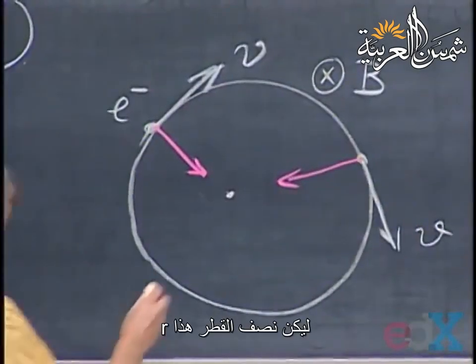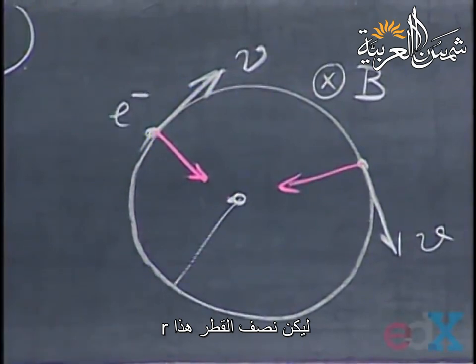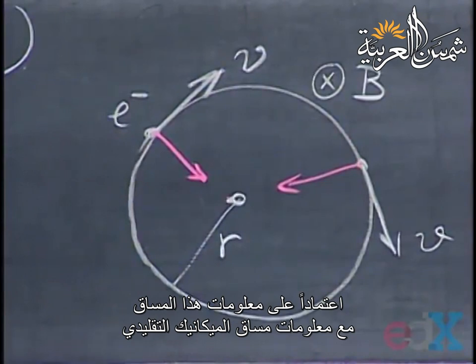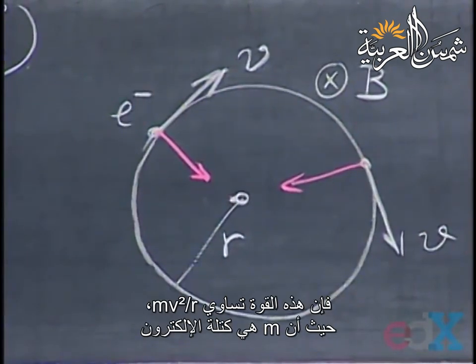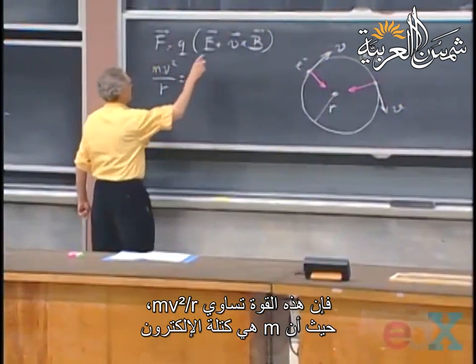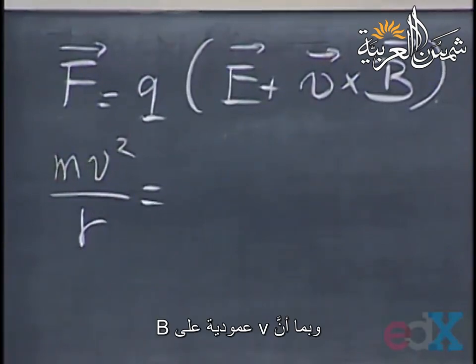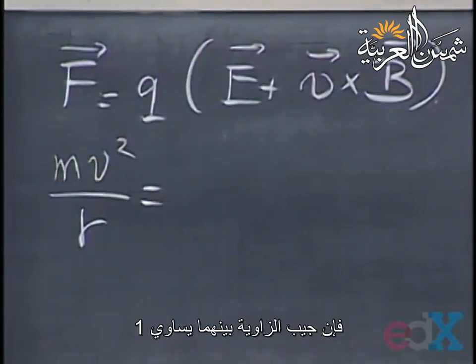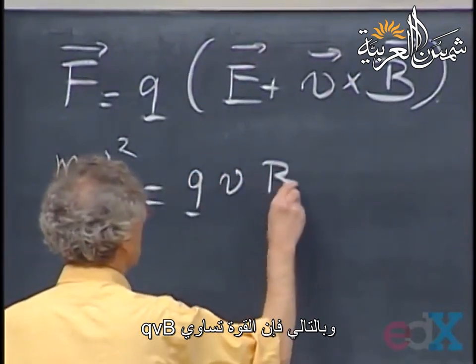All right? So, let this radius be little r. Combining 802 with 801, we now have that mv squared over r, m being the mass of the electron, is that force. And since v is perpendicular to B, the sine of the angle between them is 1, and so I simply get here qvB.